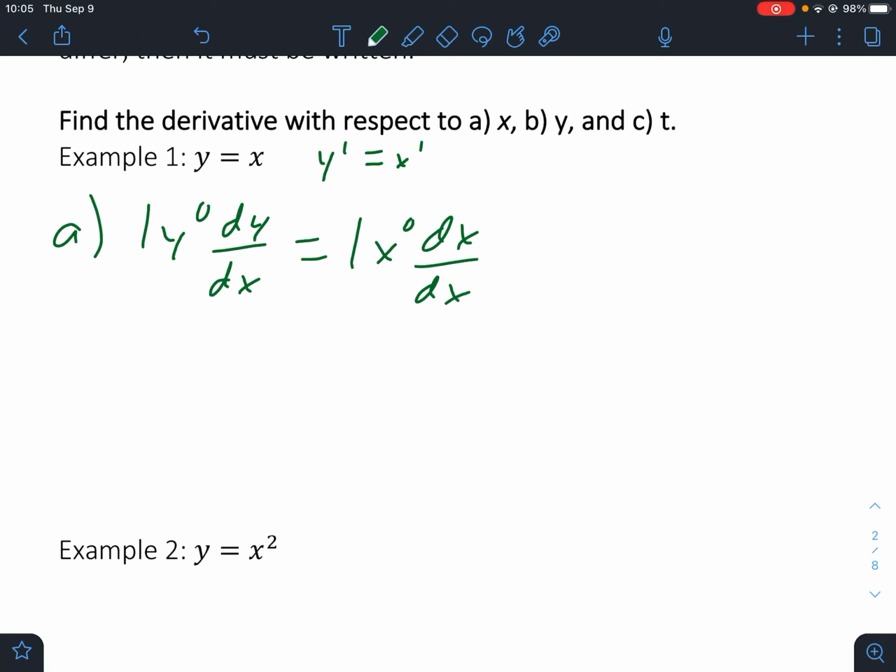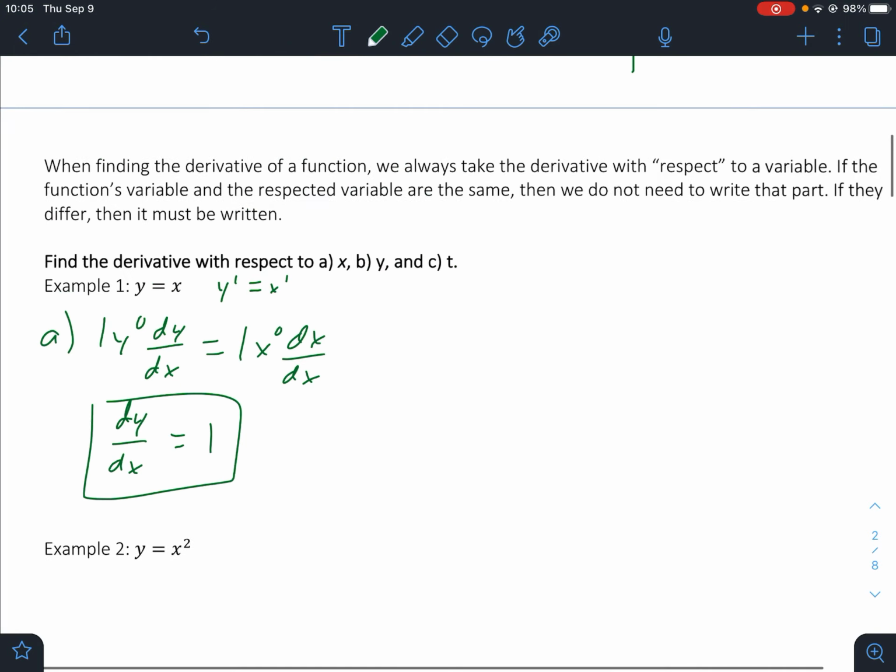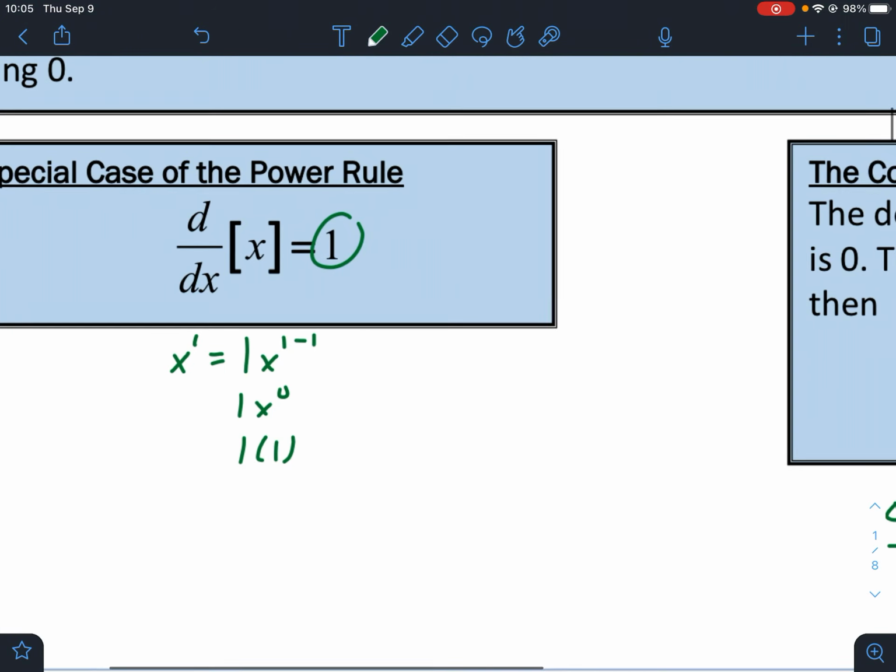So simplifying this, we get 1 times y to the 0, which is 1, times dy dx, which is just dy dx, equals 1 times 1 times dx dx, which is 1, so it's just 1. So the derivative of y with respect to x is just 1. And that's what we kind of covered right here.